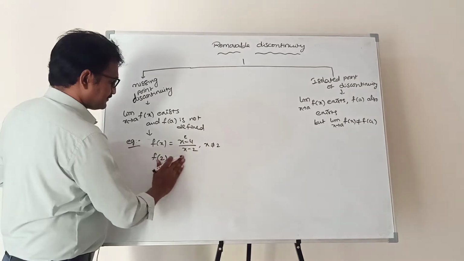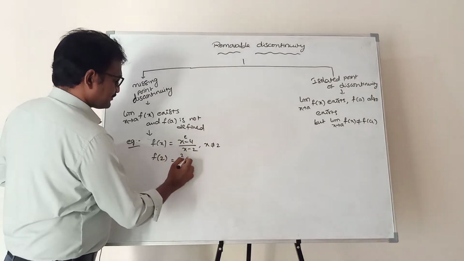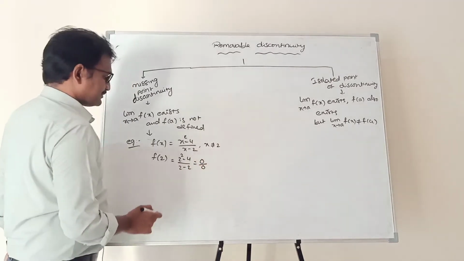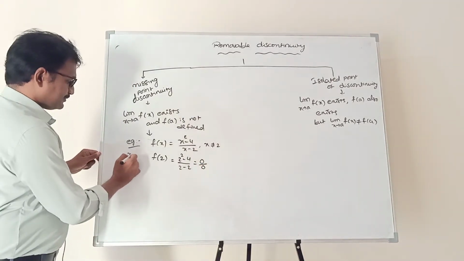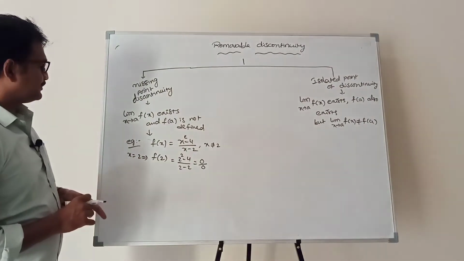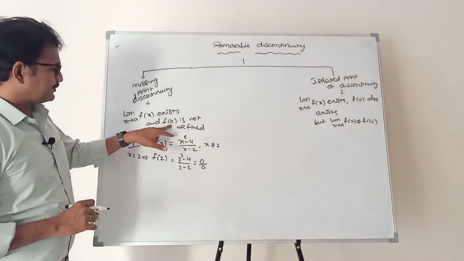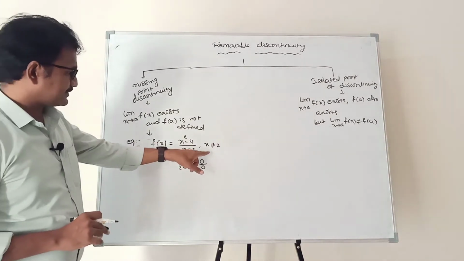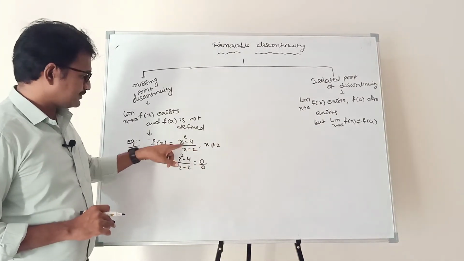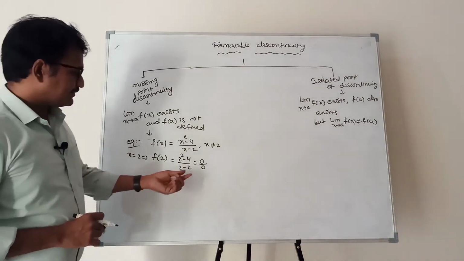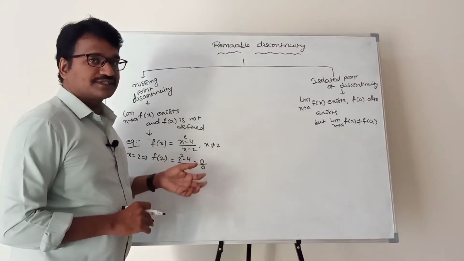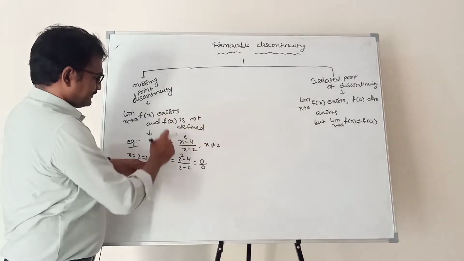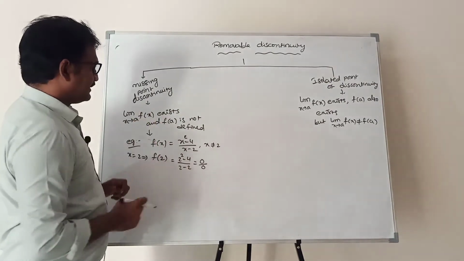F of 2 is 2 square minus 4 by 2 minus 2, which is 0 by 0. At x equal to 2 this is an indeterminate form, which means the function does not exist. F of 2 is not defined.